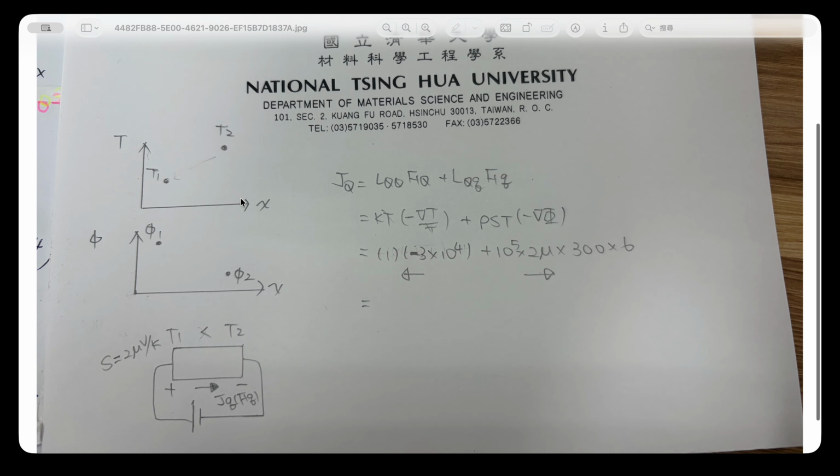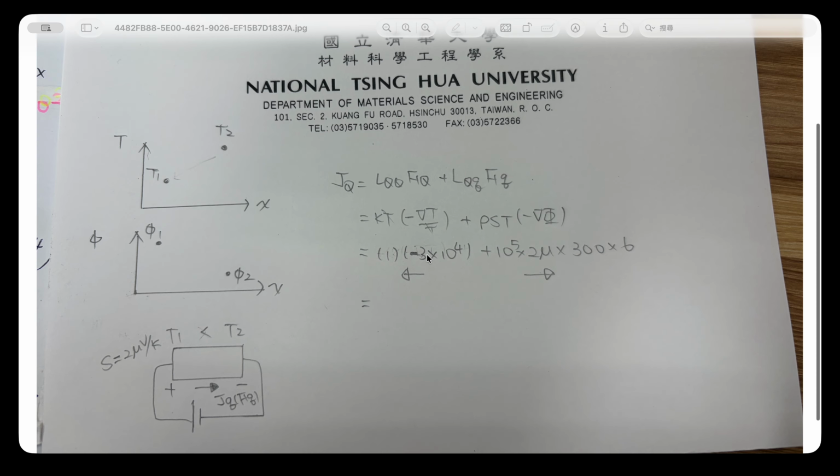In this case, because I set going to the right-handed side as positive, the gradient is actually the slope between these two points. The temperature gradient is T2 minus T1 and is positive, and we have a negative term.